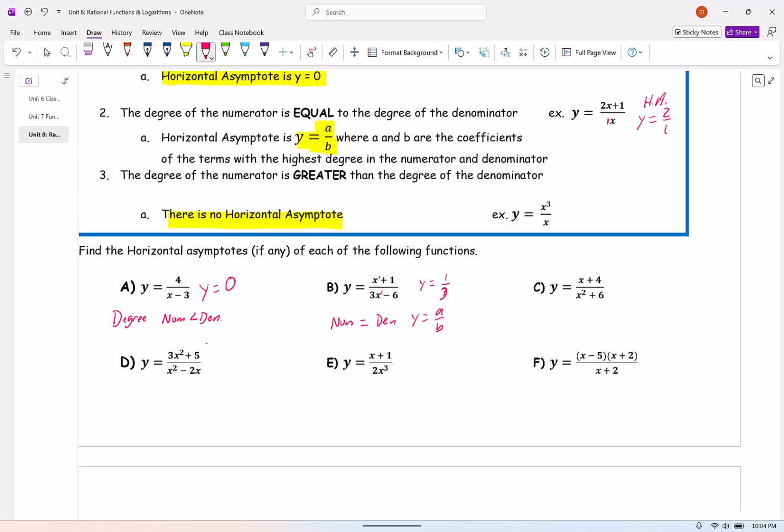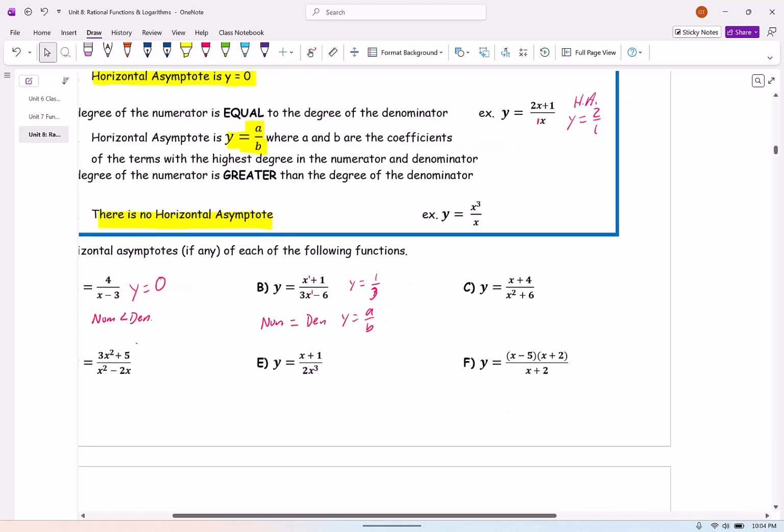All right. So we take a look at C. We see x to the first and x squared. If the degree in the numerator is less than that of the denominator, just like our first example, then it'll be y equals 0.